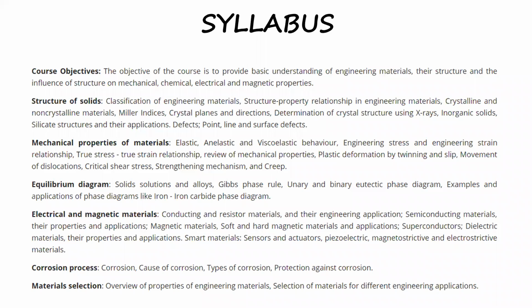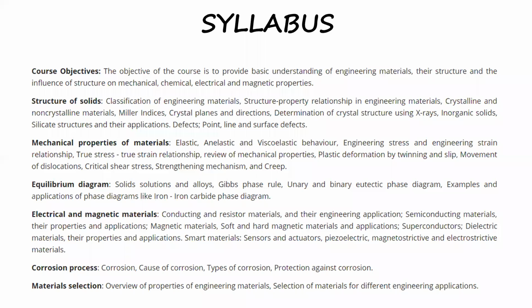One is called unary, the other one is called binary. Unary, as the meaning says, is a single component system, and binary means a two component system. We will also take a couple of representative example problems here, where you can actually use a phase diagram to design a particular characteristic of the material. So those aspects we will learn in this particular unit.